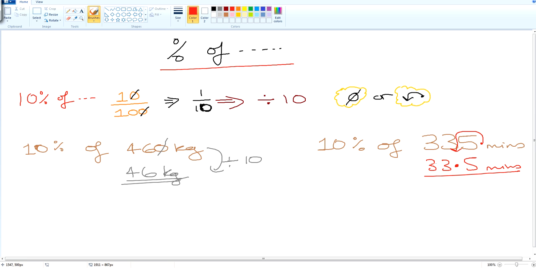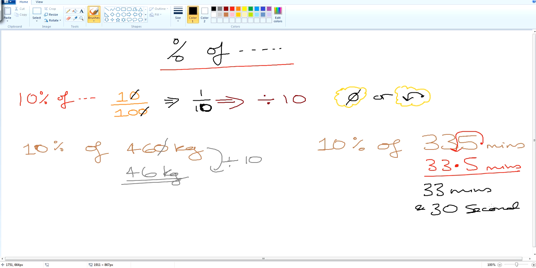But how can you have 33.5 minutes? Well, that's actually a good question because we don't normally work in minutes and decimals. We can interpret that as 33 minutes and 30 seconds.